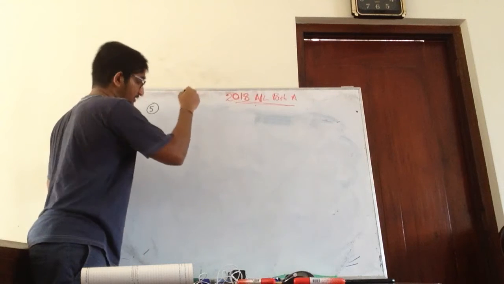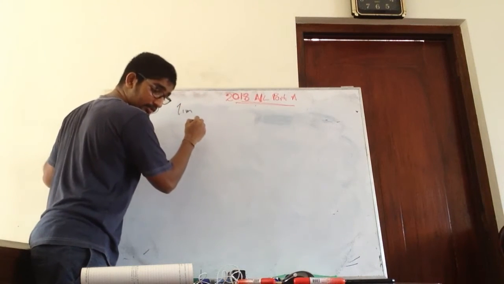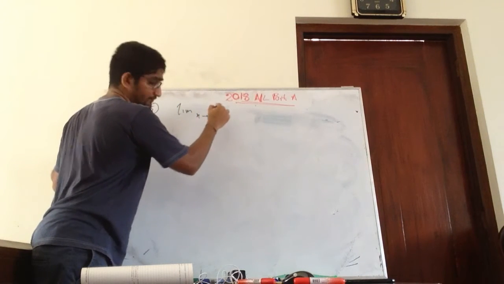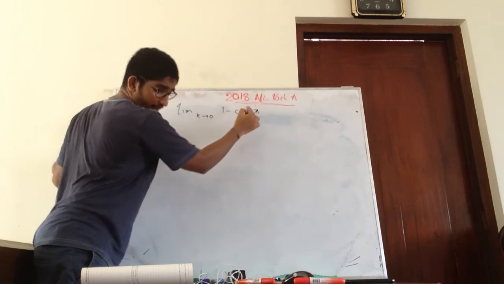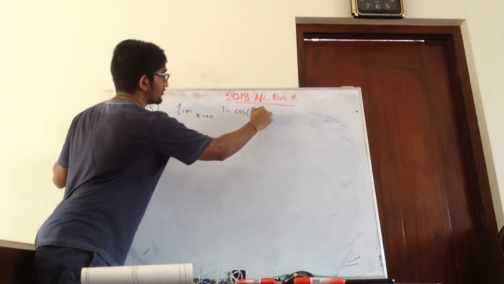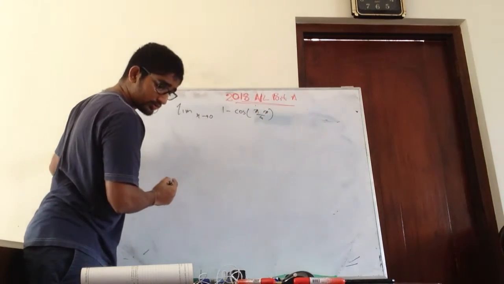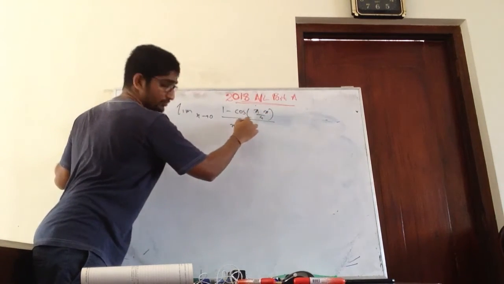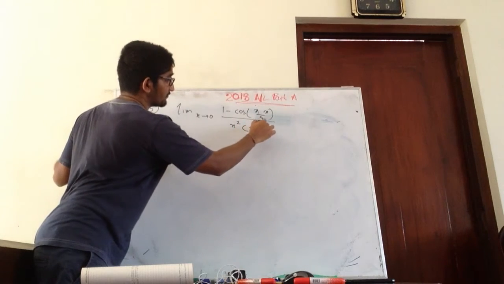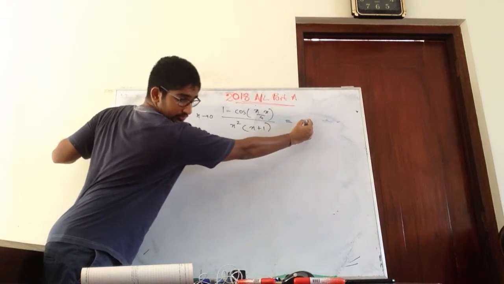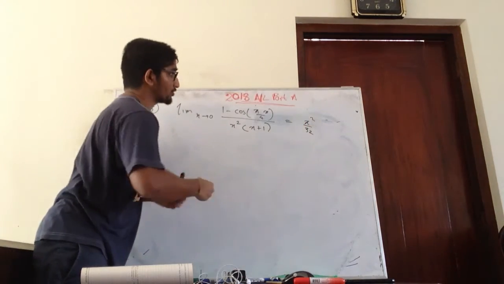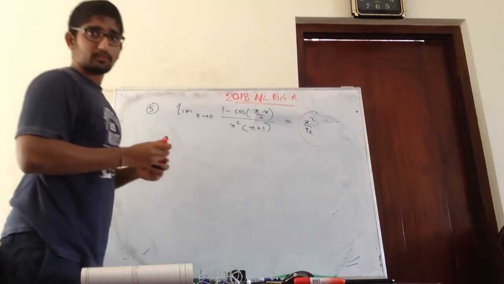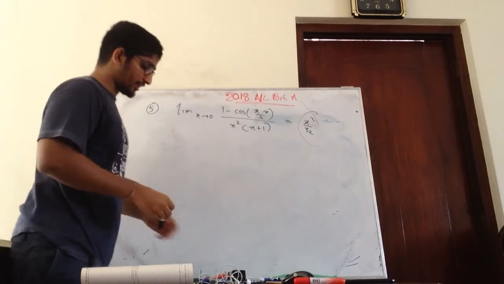They are asking us to show that the limit as x goes to 0 of (1 minus cos 5x) over (4x squared (x plus 1)) is equal to 25/32. So this is what we need to show. Correct? So let's see what we can do here.